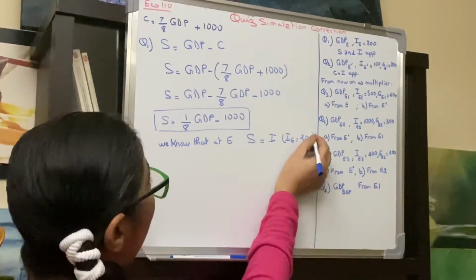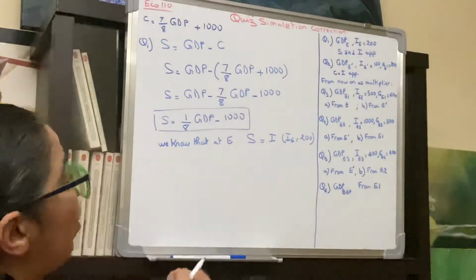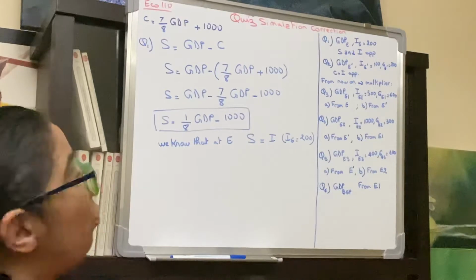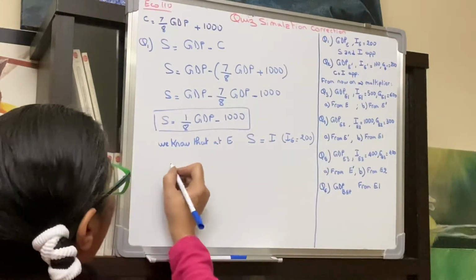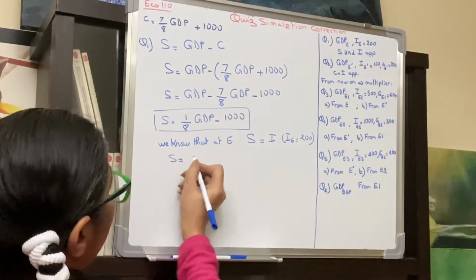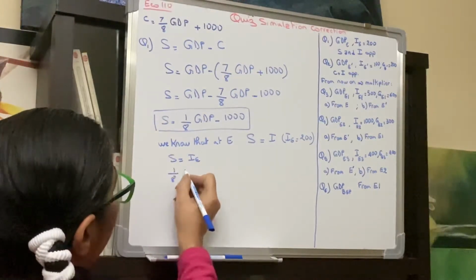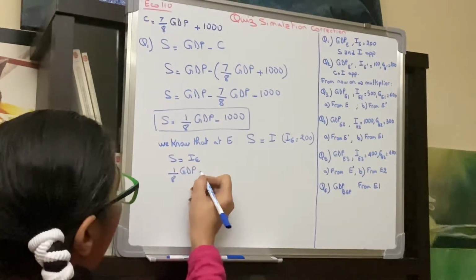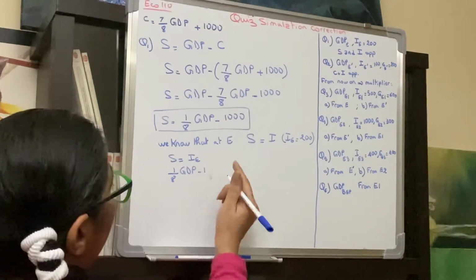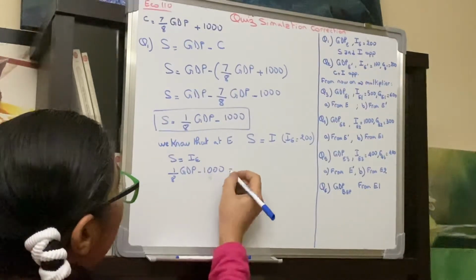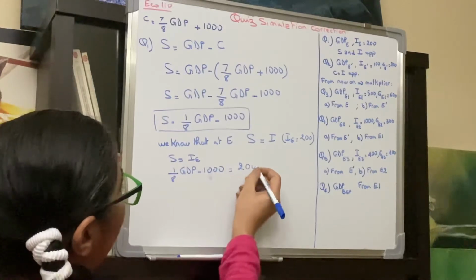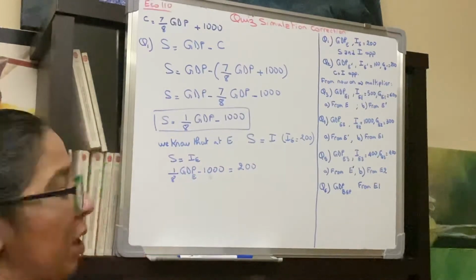So the I that I'm looking for at equilibrium is equal to 200. So we're going to do it very easily. S is equal to IE. So 1/8 GDP minus 1,000 is equal to 200. And that would be at equilibrium.